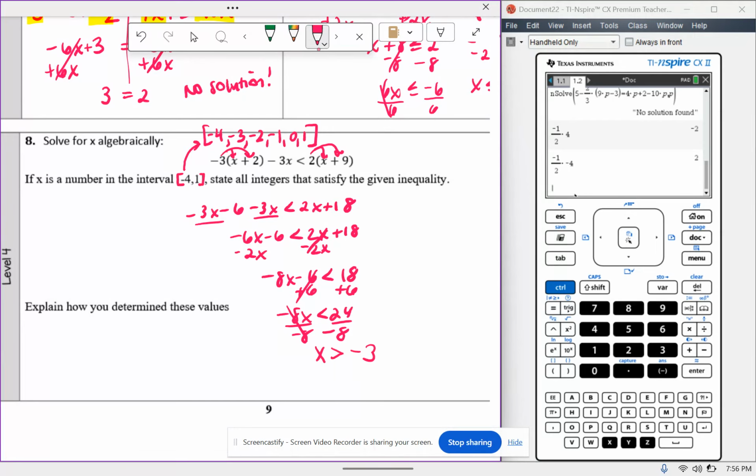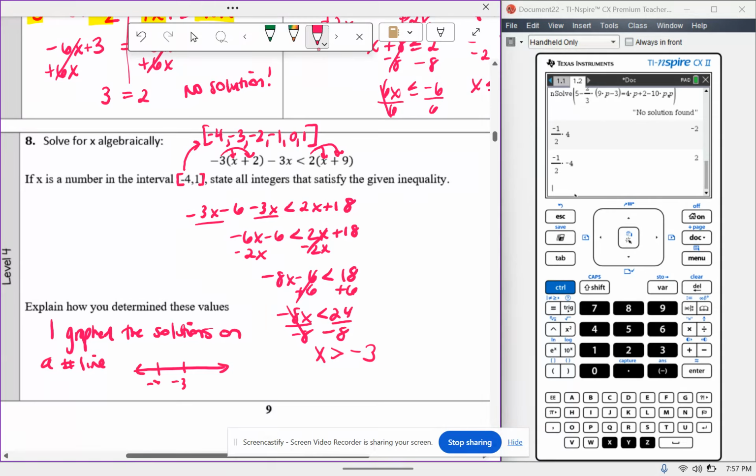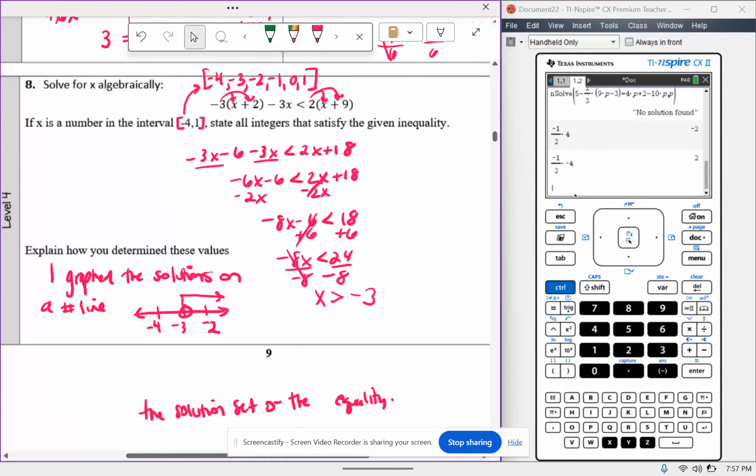So explain how you determine these values. I graphed the solutions on a number line, like so. I am not including negative 3, but I am greater than negative 3.